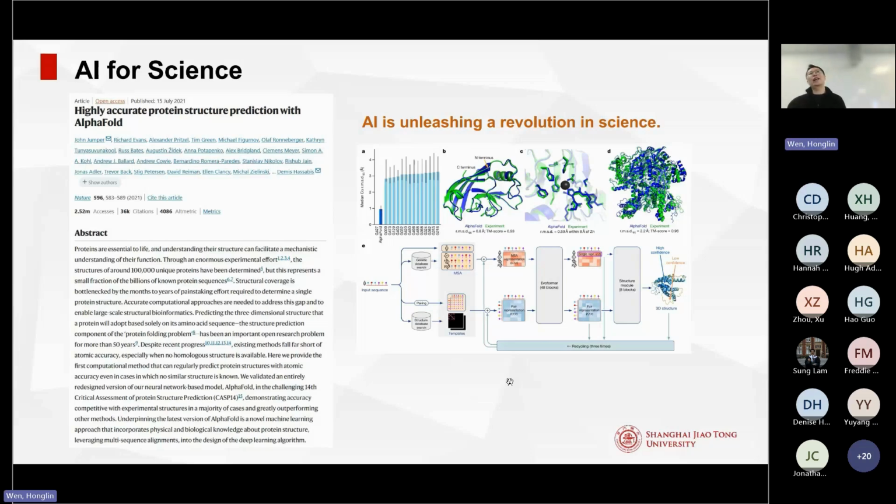They used AI to predict the structure of proteins, which was regarded as a very, very difficult scientific task before. For a group of scientists, even with very advanced instruments, you may spend half a year to identify the structure of a protein. But after accumulating a lot of data, they trained a very smart AI model which can predict the structure of a protein within seconds, right?